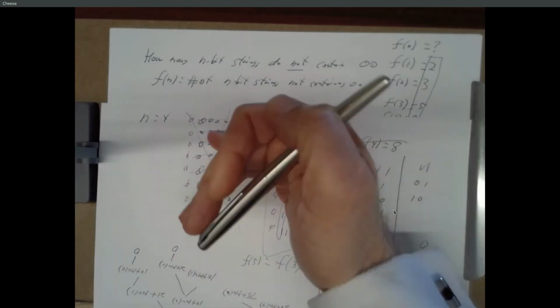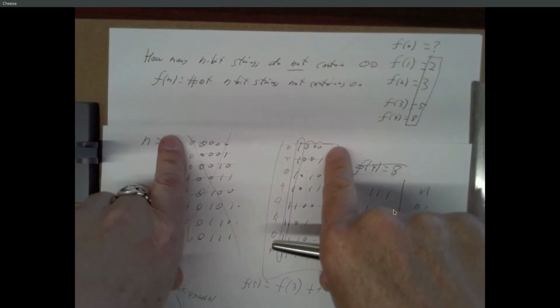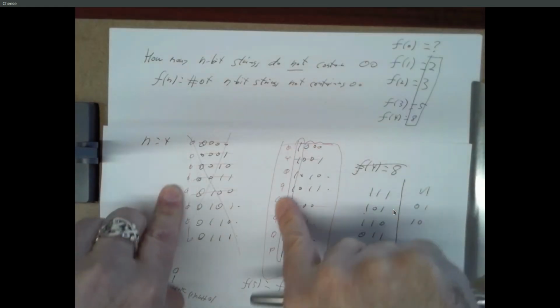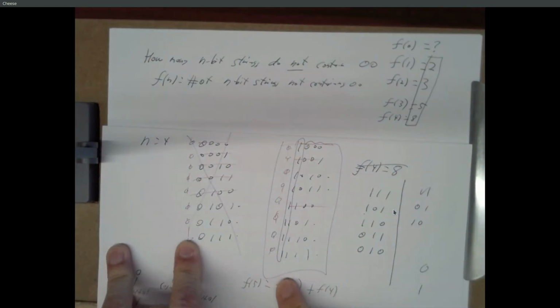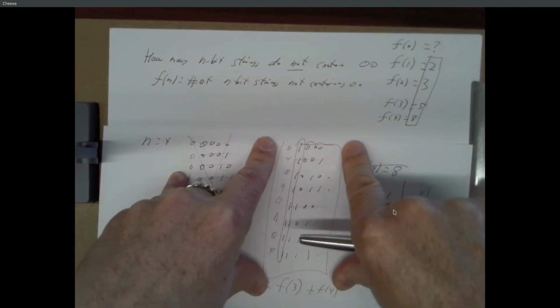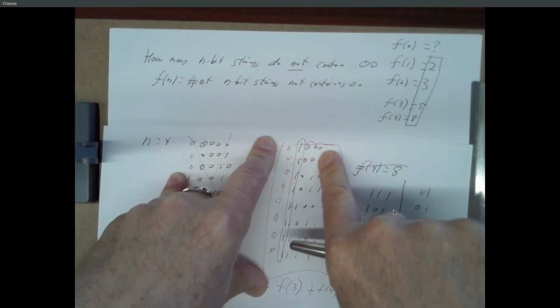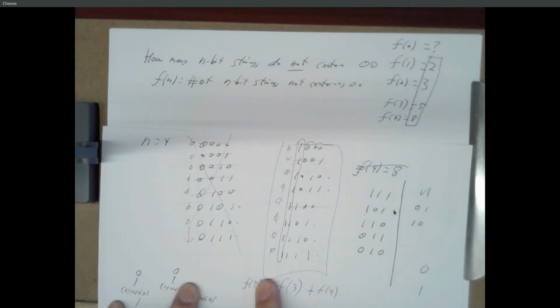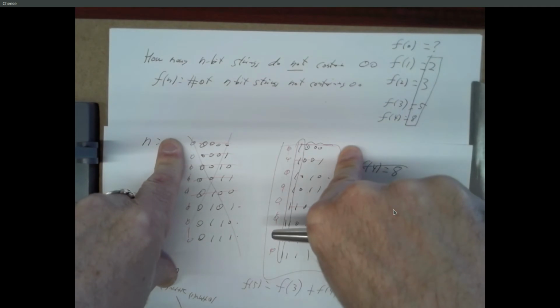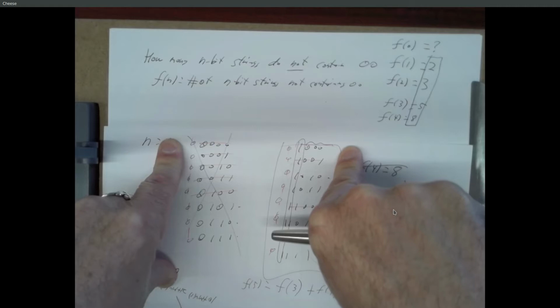So for f of n, if you want to get to f of n plus 1, you just break it into 2 cases. If we take all of those numbers with n bits and we put a 0 in the front, we lose half of them, and we preserve however many n minus 1 bit strings didn't have consecutive 0s. And if we put 1s in the front, then all of those that didn't have consecutive 0s before still don't have consecutive 0s, so that's f of n.